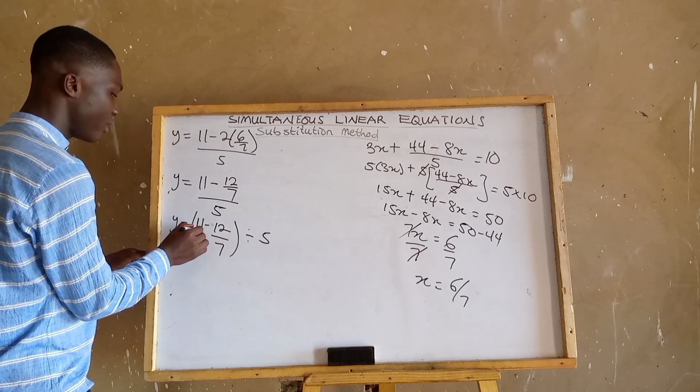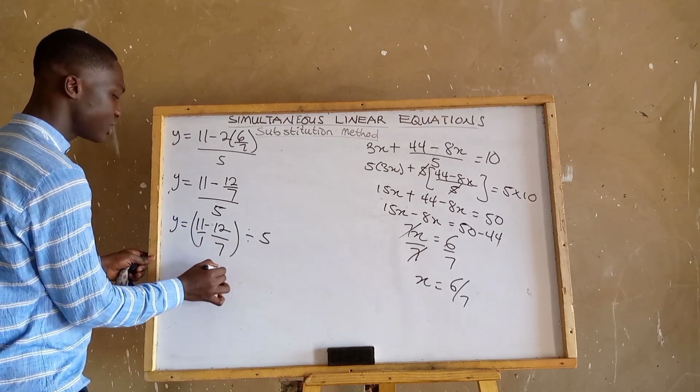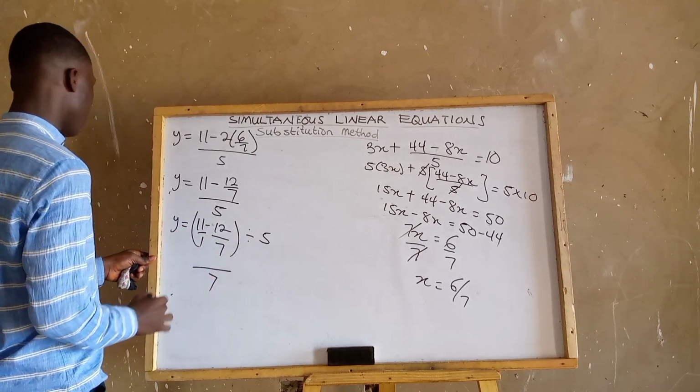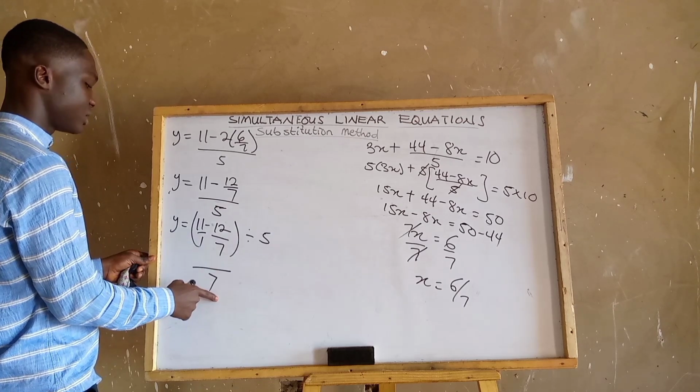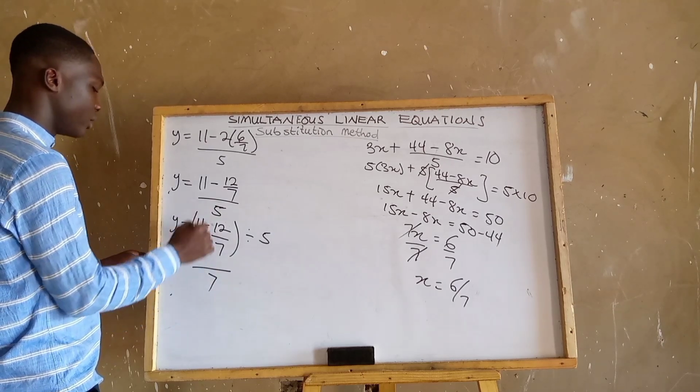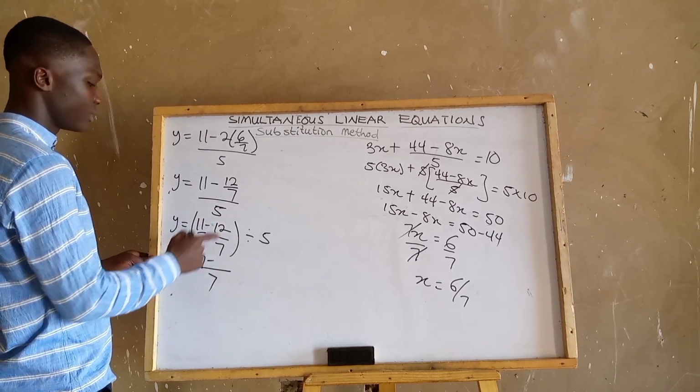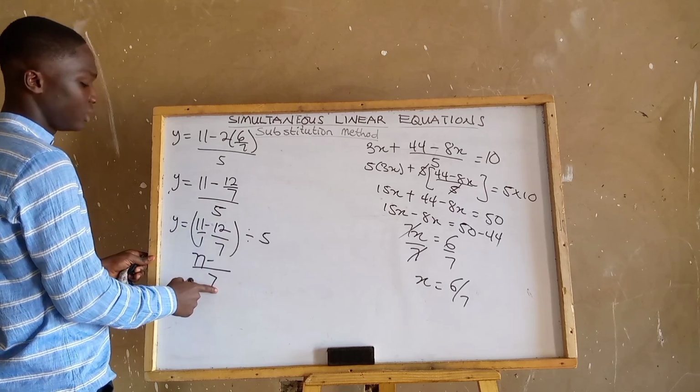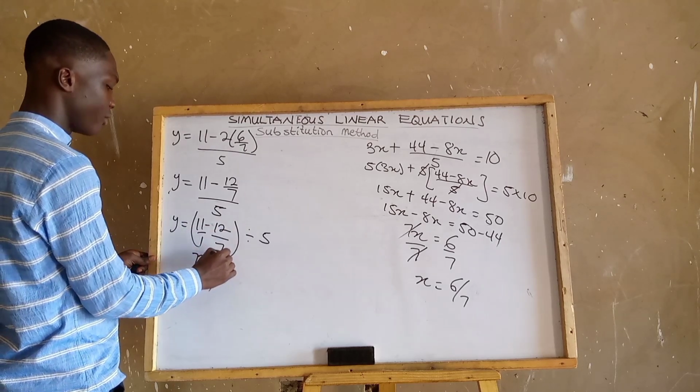So now this 11 is over 1. So you have the LCM of this to be 7. So 1 goes to 7 times. So 7 times 11, 77 minus 7 goes to 7 one time, then 1 times 12, you have 12, divided by 5.